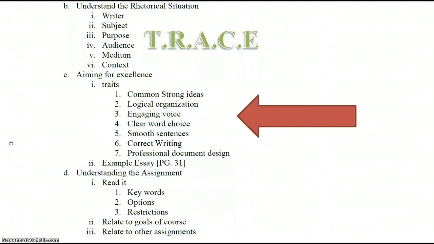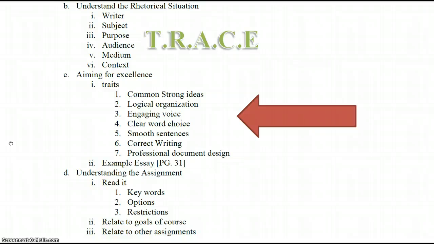There also in chapter 2 is a list for the traits of a really excellent college paper. I have my red arrow there because I really want you to try to achieve these things in your own writing. Strong ideas, logical organization, an engaging voice, clear word choice, smooth sentences, correct writing, and just a professional look.